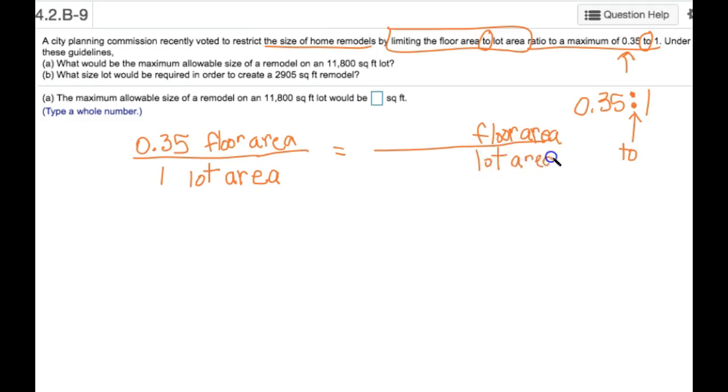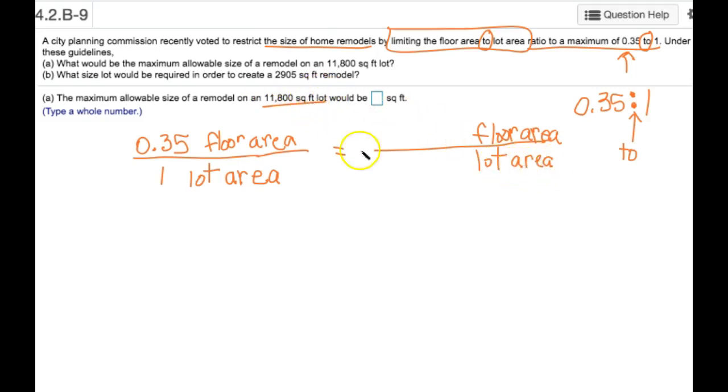And like I said, if you had switched the 0.35 and the 1 around over here, that's okay, as long as you're keeping the floor area associated with the 0.35. It should still cross multiply correctly. So let's read part A. The 11,800 square foot lot. Pay attention to what the 11,800 goes with: the size of the lot, or the lot area.